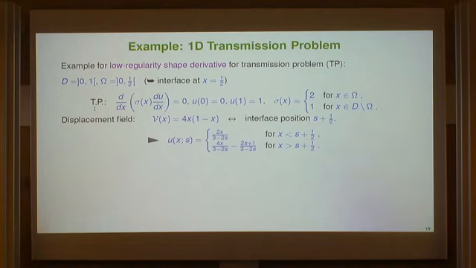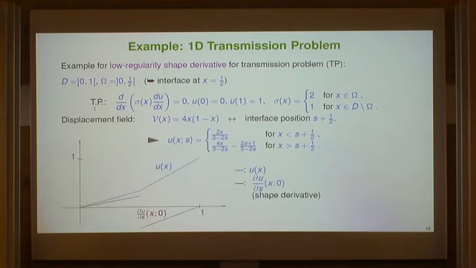And then you can compute the shape derivative. You just differentiate pointwise with respect to S. And you observe this. The solution just has a kink, it's still continuous, so H1, nice. The shape derivative has a jump, merely L2.